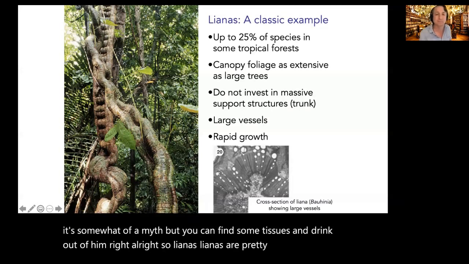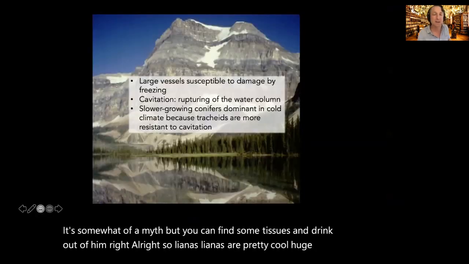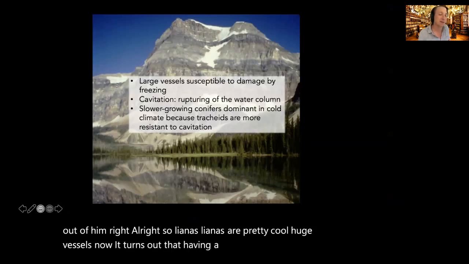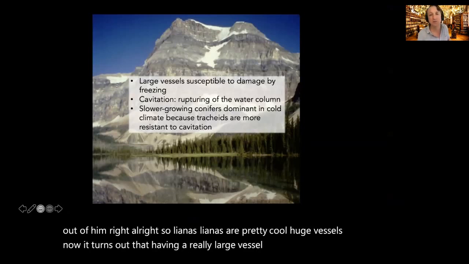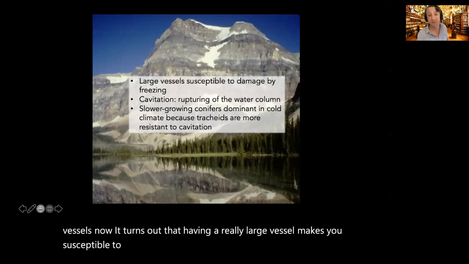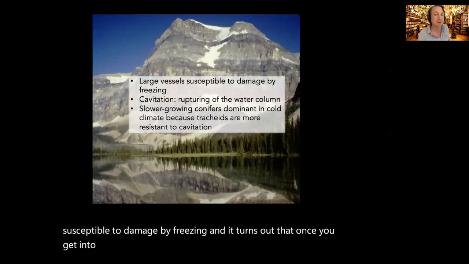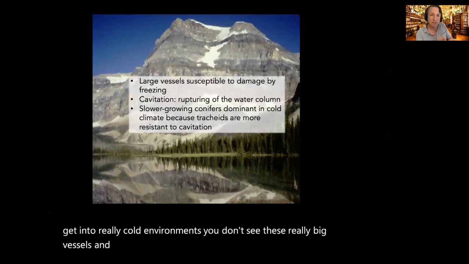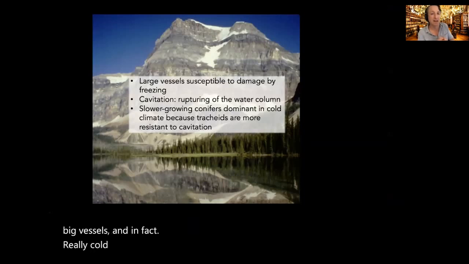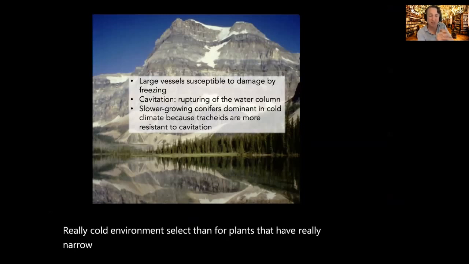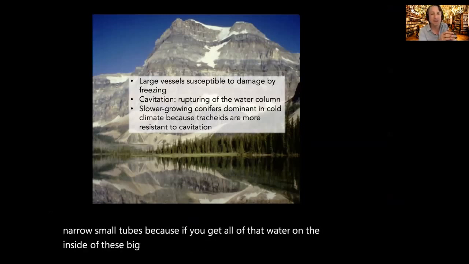Huge vessels. Now, it turns out that having a really large vessel makes you susceptible to damage by freezing, right? And once you get into really cold environments, you don't see these really big vessels. In fact, really cold environments select for plants that have really narrow, small tubes, because if you get all of that water on the inside of these big vessels, if it gets really cold, that water can freeze.